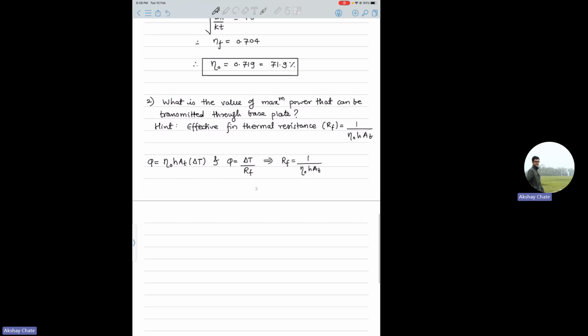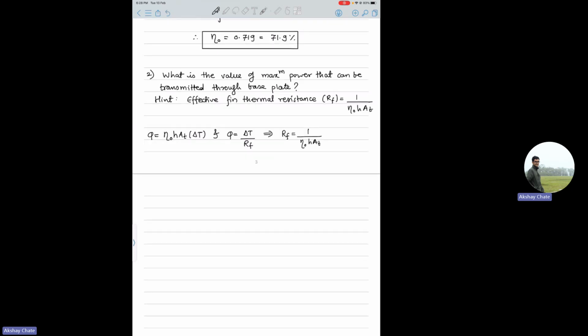Okay. So now see your base plate temperature maximum is 85 degrees. Then there is solder. I'll call it RS.